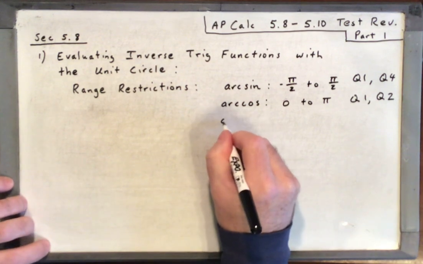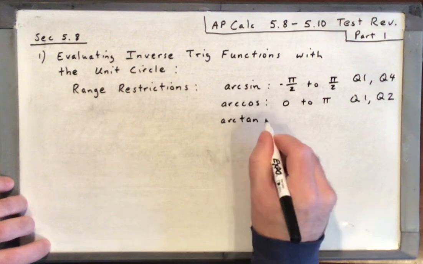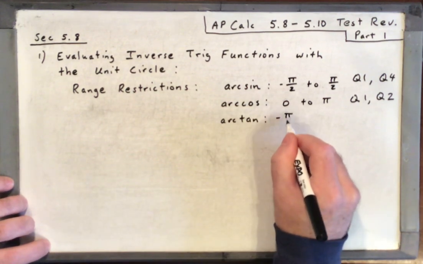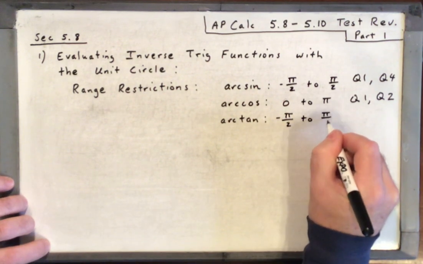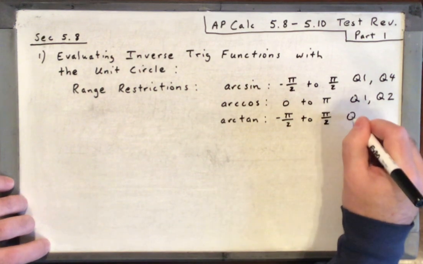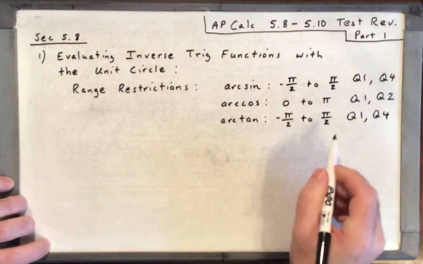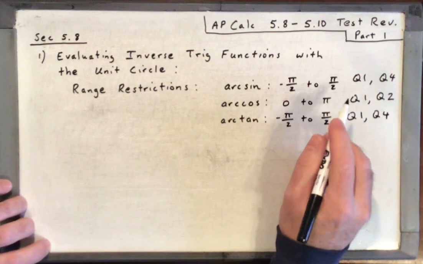And for arc tangent, same as sine, negative pi over 2 to positive pi over 2. So again, your answers have to be in quadrant 1 and quadrant 4. Sometimes you'll have to give a negative angle so that you're within this restriction.